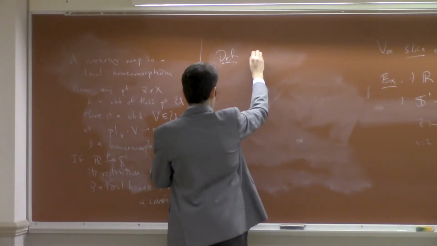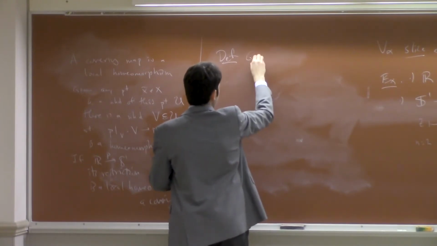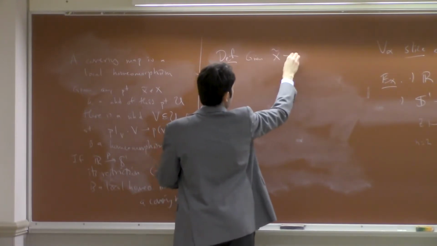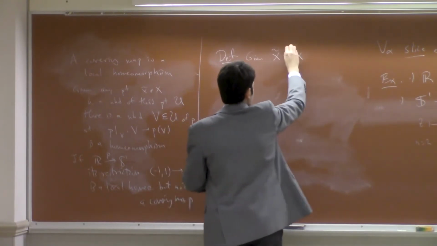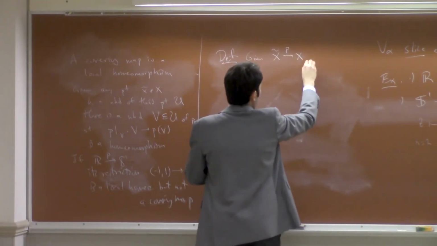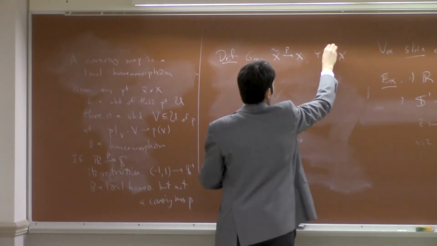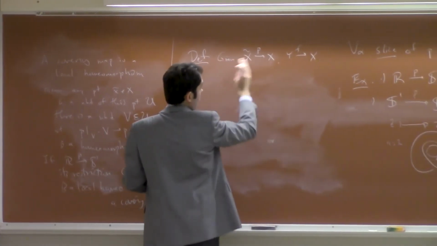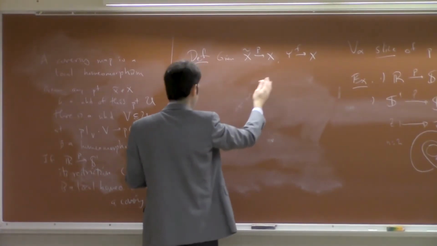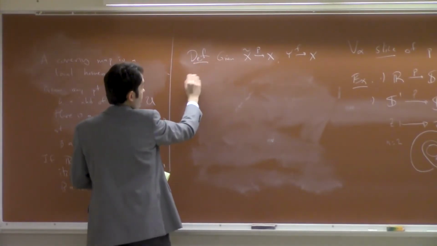So given, let's say you have two maps to X. Here, for the sake of the definition, this doesn't have to be a covering map, but it might as well.